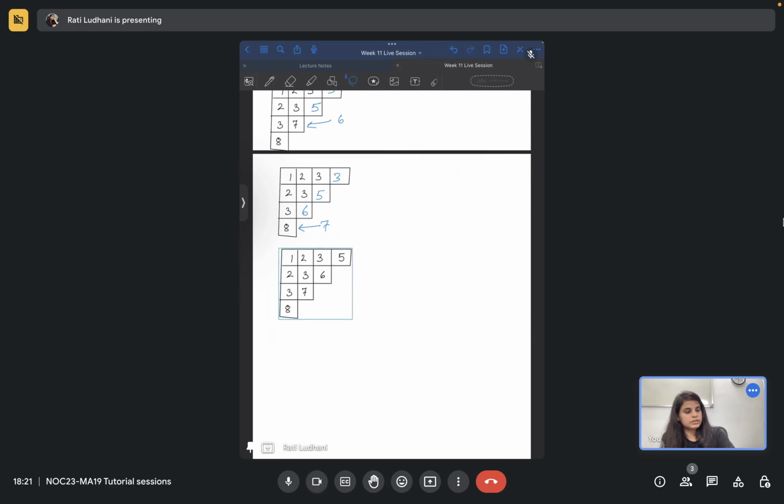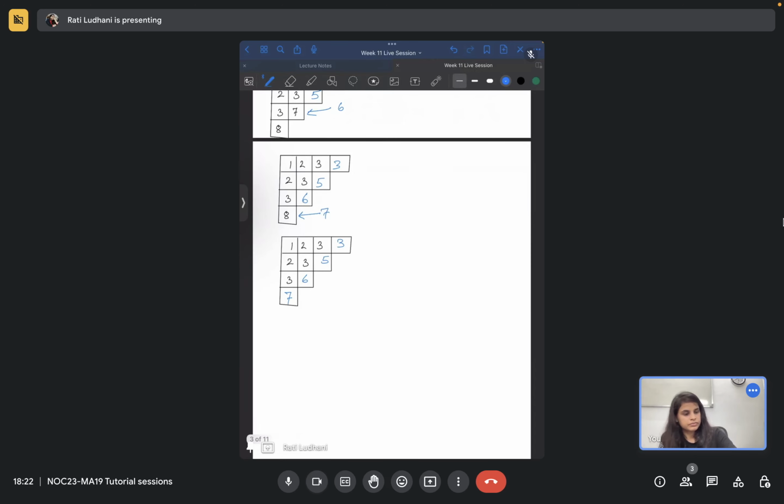What will we get here? This will be replaced, giving 3 5 6. Now here this will be 7, and now 8 is free. Where will 8 go? 8 will go in the next line. So 8 will be here. Is that okay?